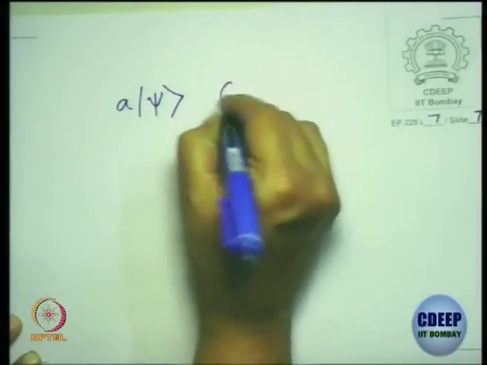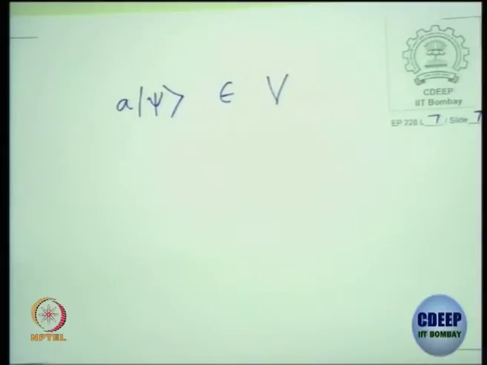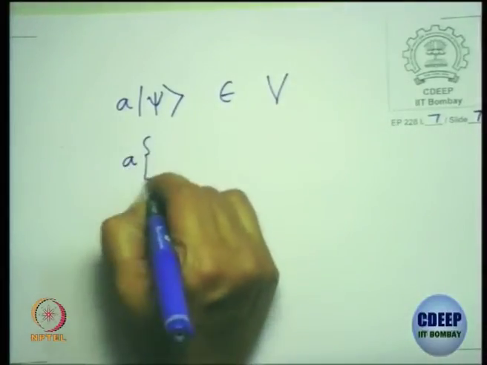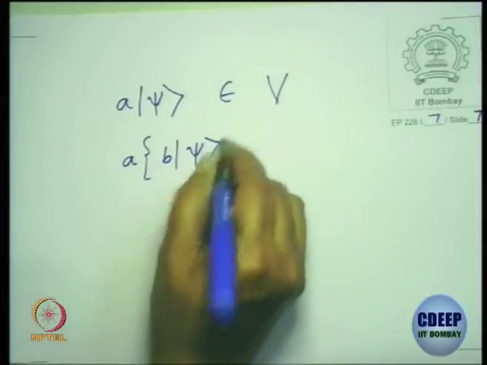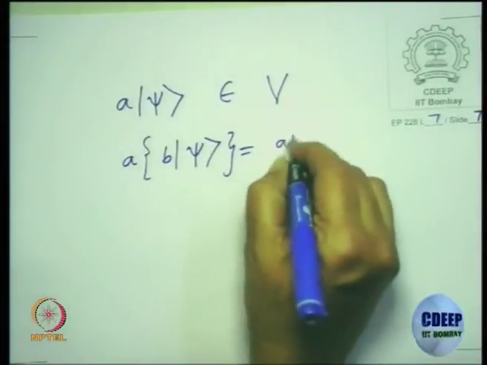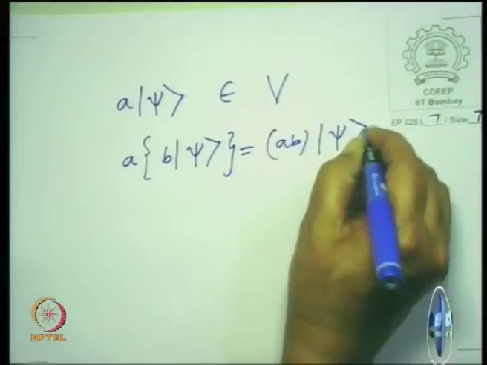So how do we define this? There is also scalar multiplication, which I didn't write, but you can put it in. If you have a scalar on psi, this is also an element of the vector space, and if you have A and then a B on psi, this will be AB multiplying on psi.